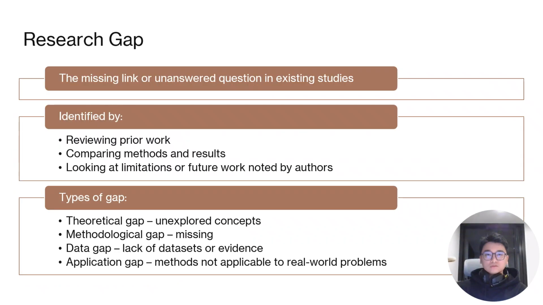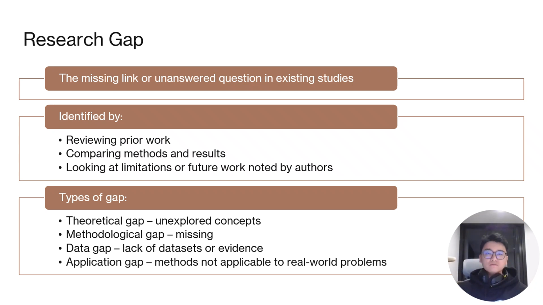Now we move on to the next section, which is about identifying the research gap. When we talk about it, we are really asking what has not yet been solved or fully explained in the paper. A research gap is the opportunity for new work. It can be theoretical, methodological, data related, or practical.